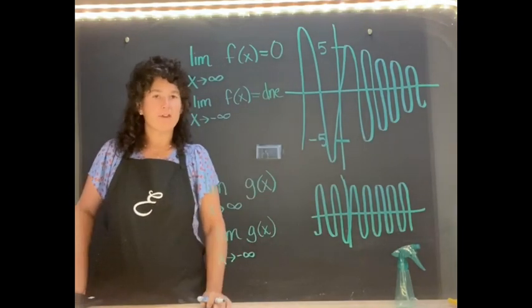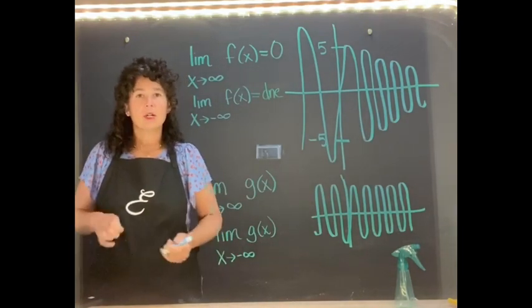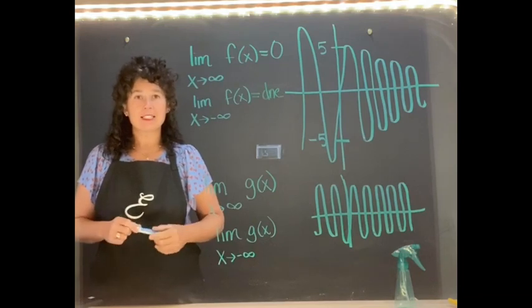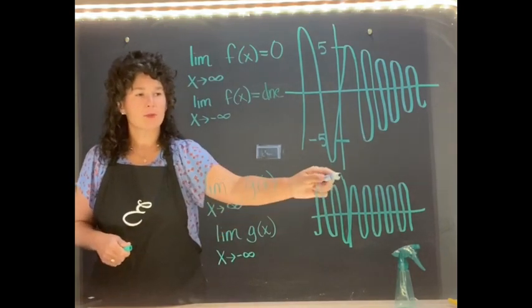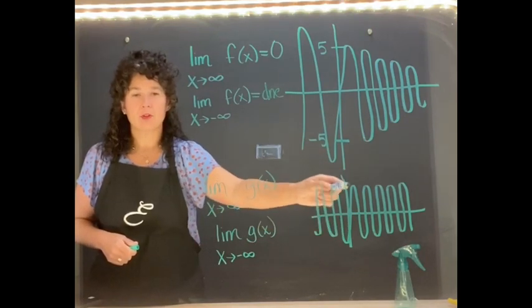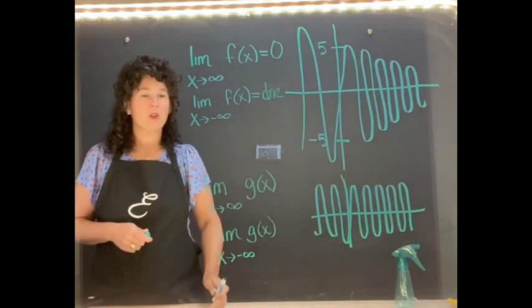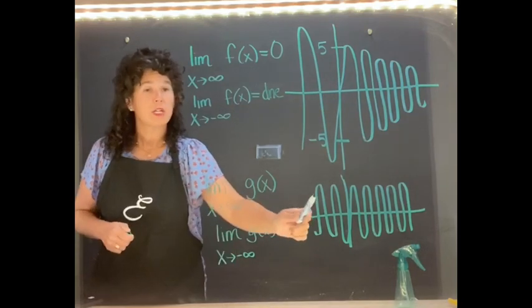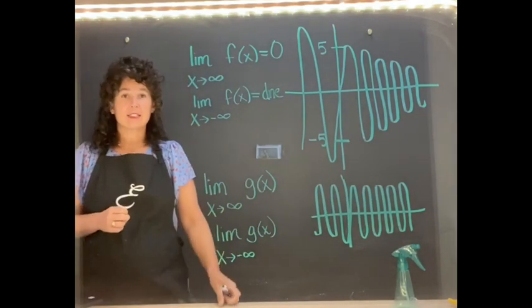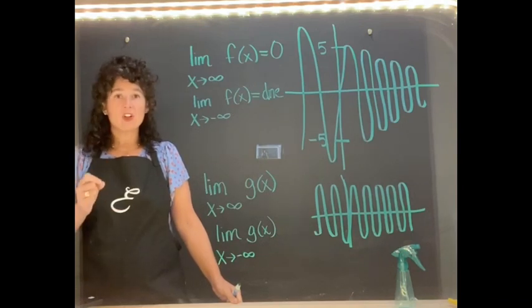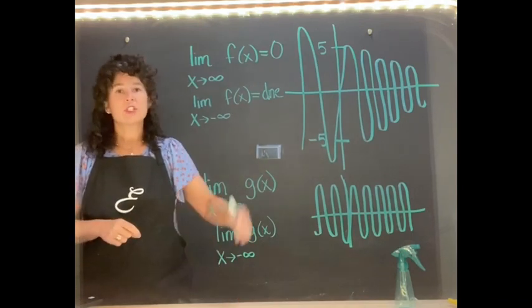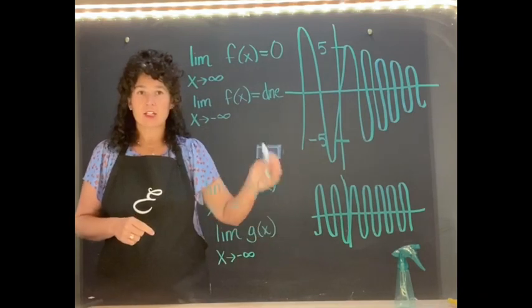Here I have a function that's oscillating, but it's oscillating the same distance away from the x-axis. Let's say it's going up to 3, down to -3, up to 3, down to -3. Well, as we continue to pick x's that are larger and larger, we're not approaching a single number. We just keep bouncing the same distance across.